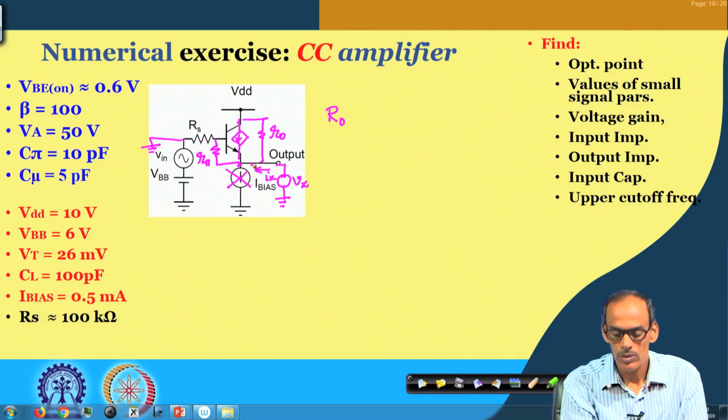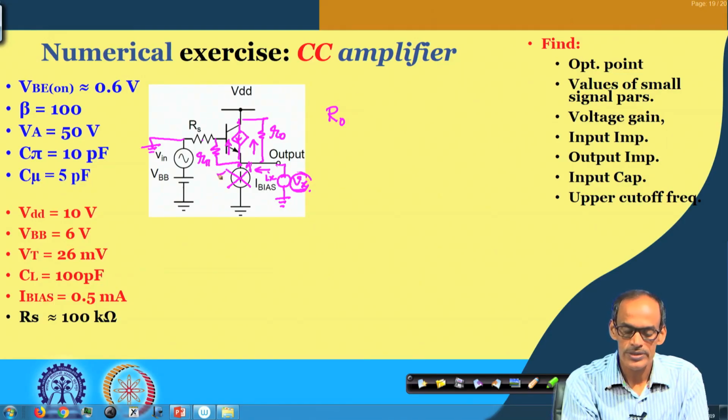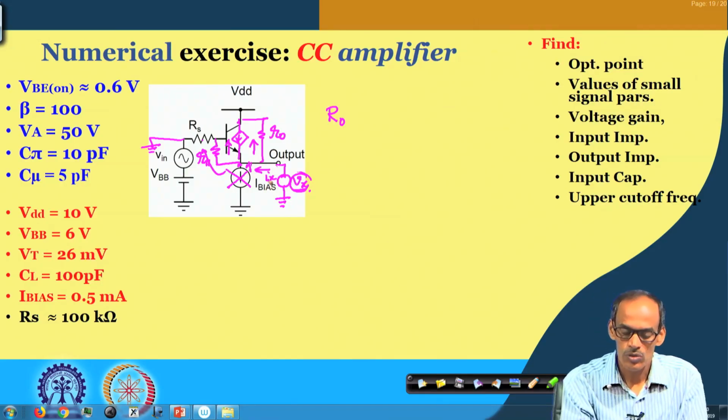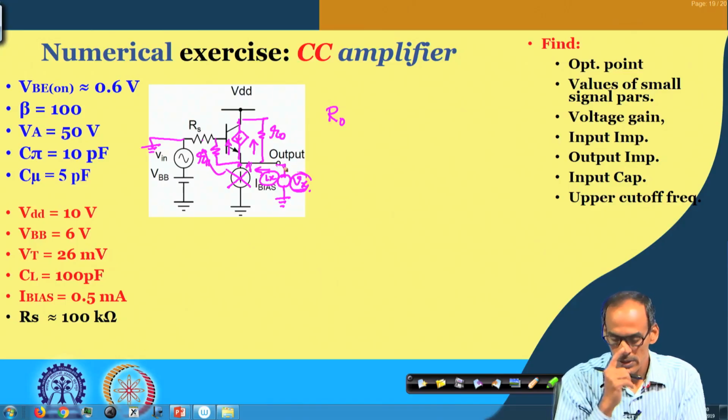Looking into the emitter, if we stimulate the circuit with Vx, we will be having 3 current components. One is this, another is gm into Vx, and then the resistance here.